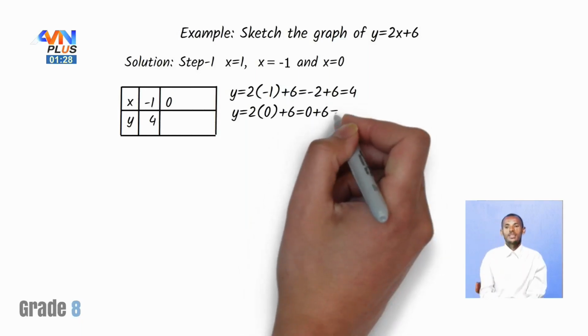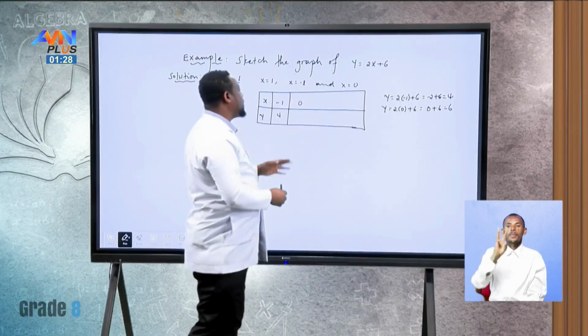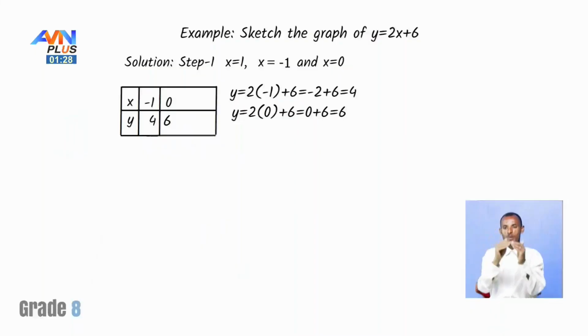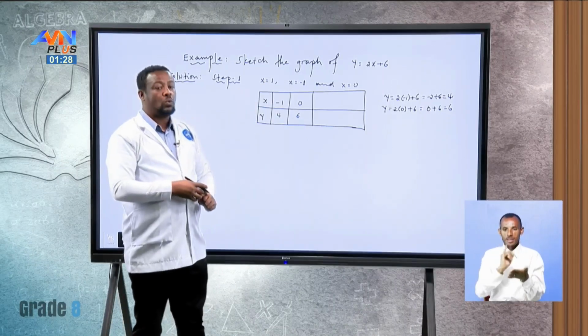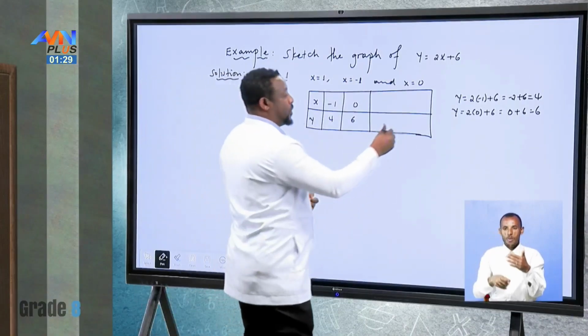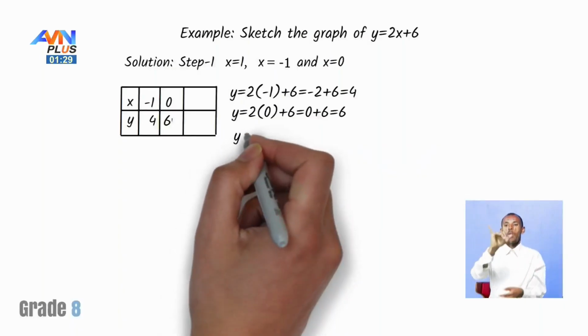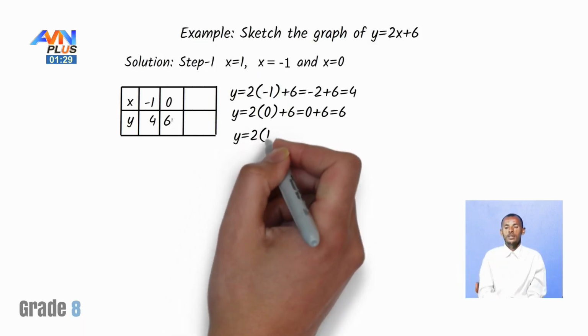So the value of y becomes 6 whenever x is 0. Okay, you put 6 here. The third point that we have taken here is x = 1, and we substitute this x value in the equation. So y becomes 2 times 1 plus 6. What's 2 times 1?